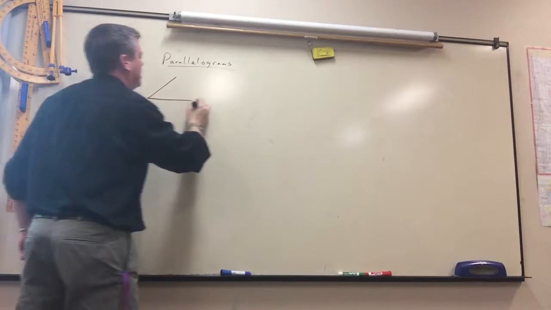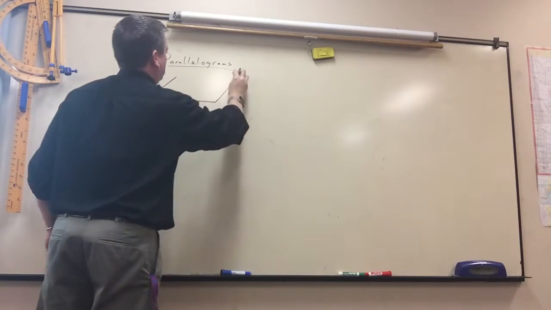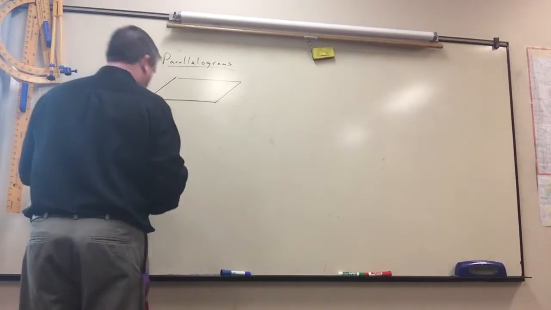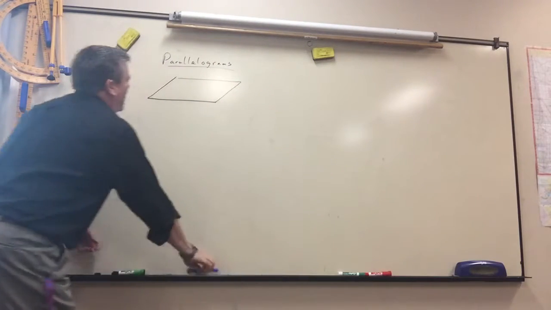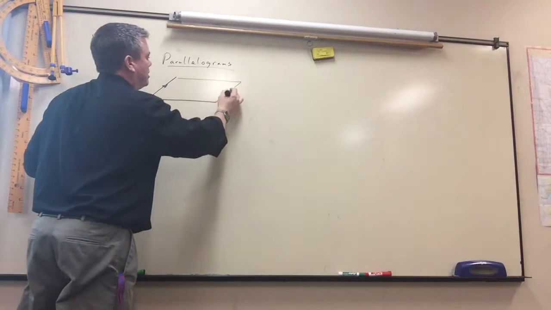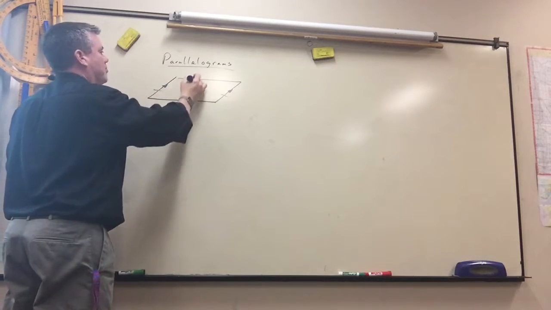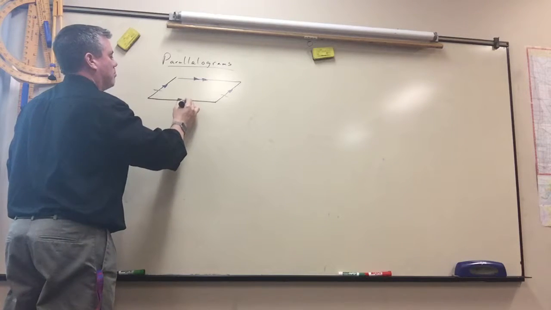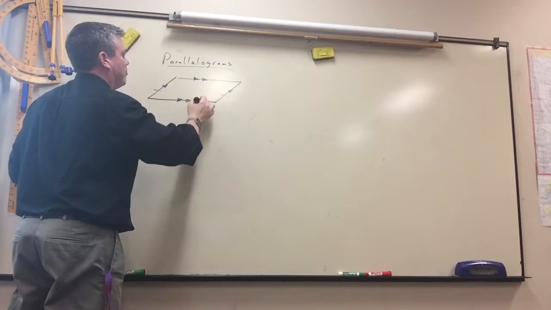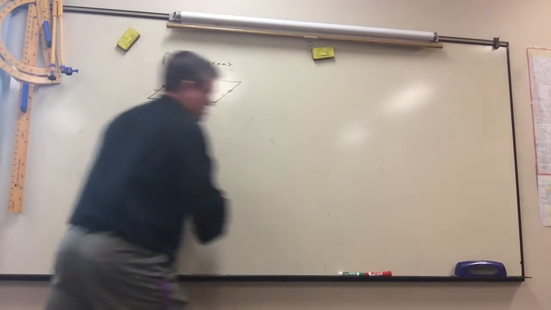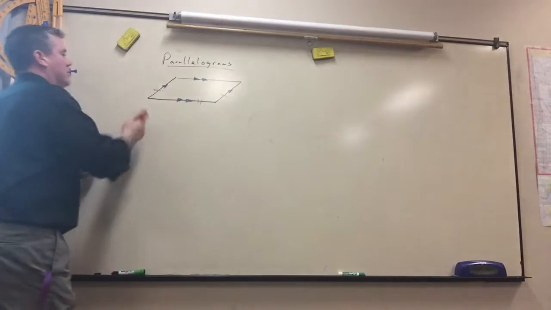So on a parallelogram, opposite sides are parallel and congruent. Opposite angles are congruent.